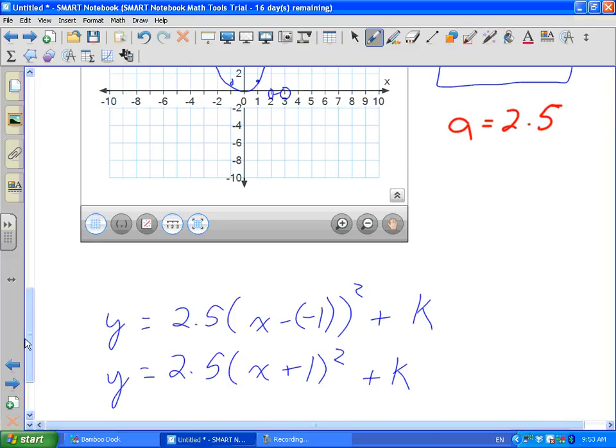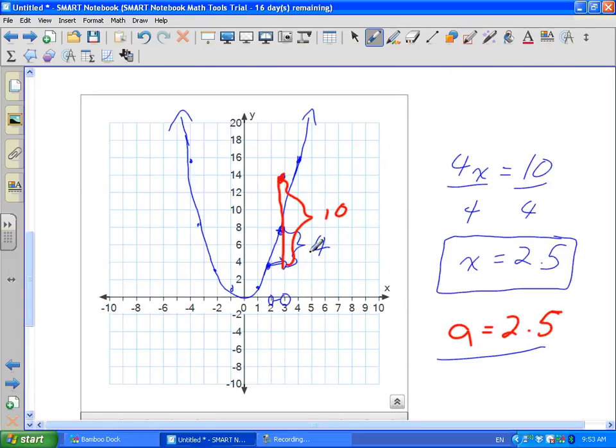So, what I just figured out, guys, is I discovered what my a coordinate was. It was 2.5. The way I did that was figuring out how much a normal parabola goes up by compared to what our new parabola went up by. Normally it would go up by 4 in that movement from the second to the third point. In our new parabola, we went up 10. So I have to figure out what factor they multiplied by.